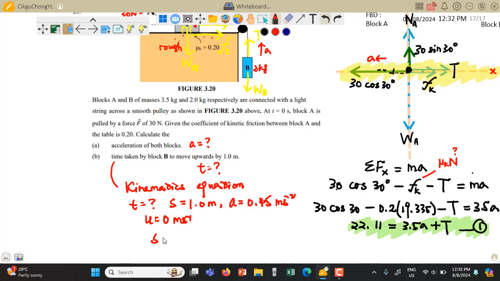So we can use s equal to ut plus half at squared. So 1 meter, initially u is 0, so this term can be cancelled, half, acceleration is 0.45 t squared. Then solve it, I will get the time taken to travel 1 meter will be 2.1 seconds.